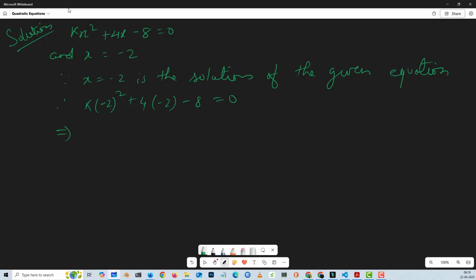Then in next line we will write, it implies k into minus 2 whole square, minus 2 the whole square is plus 4. So it will become 4k, and this will become minus 8. Again we have minus 8 equals to 0. So this will become 4k minus 16. Then we will change the side.